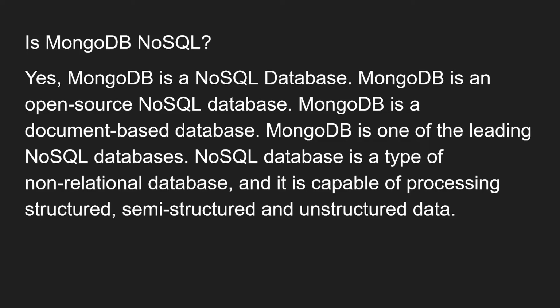Now we can understand that MongoDB is a NoSQL database and also it is a document based database. These are the two things you need to understand. NoSQL database is capable of handling the different types of non-relational data, such as structured, semi-structured and also unstructured data.